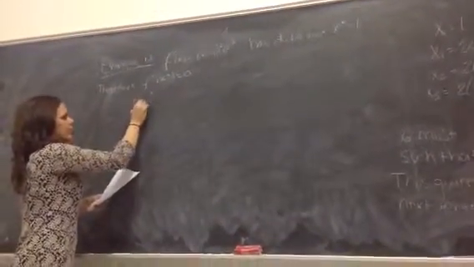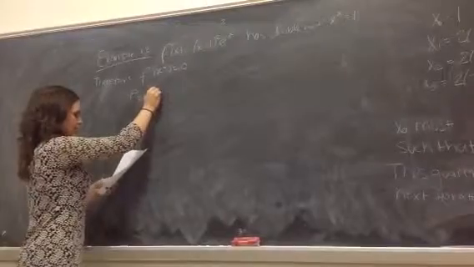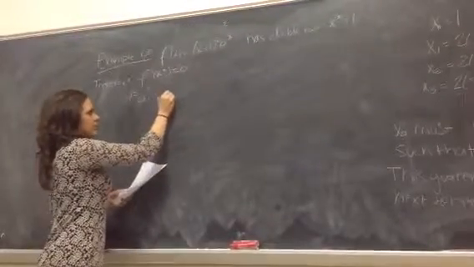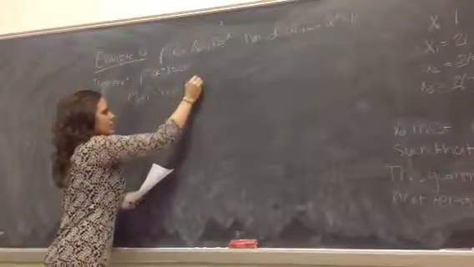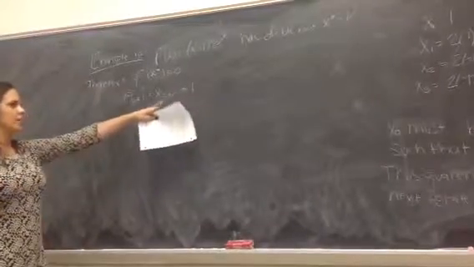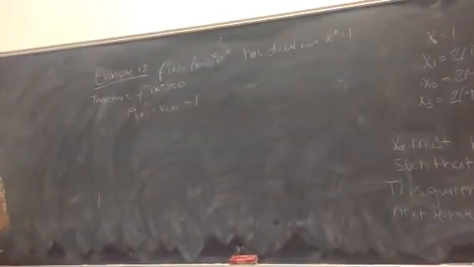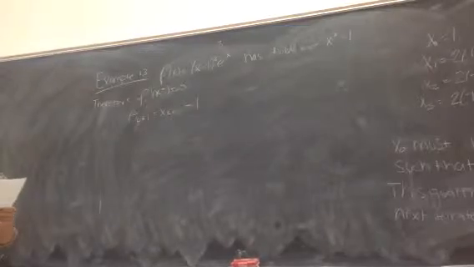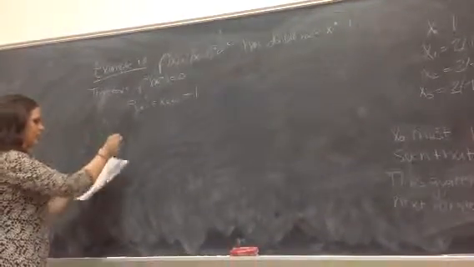So we've got e_{k+1} equal to x_{k+1} minus 1 instead of x star, because x star is equal to 1.